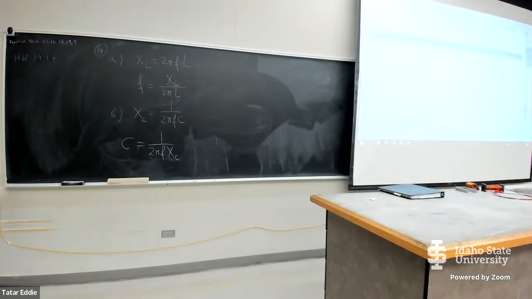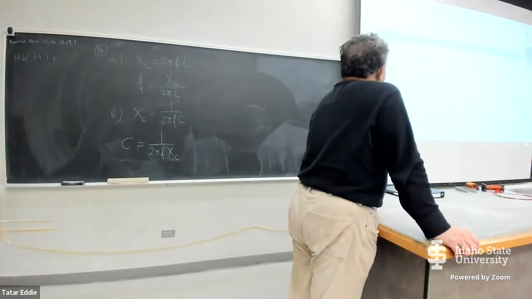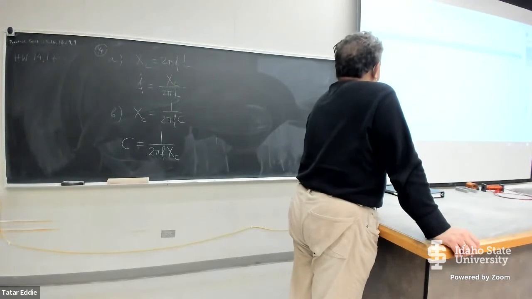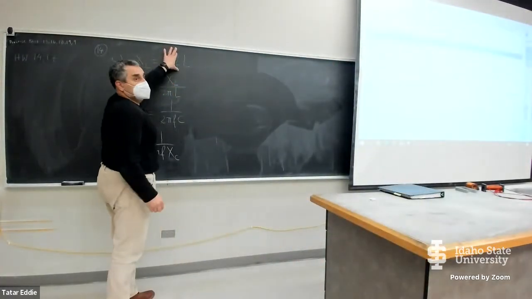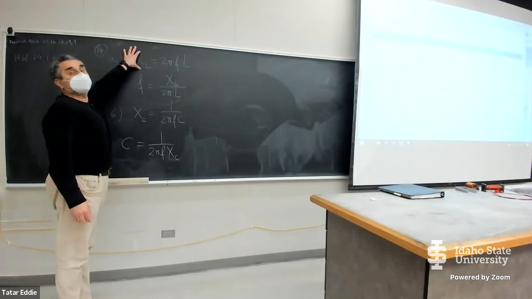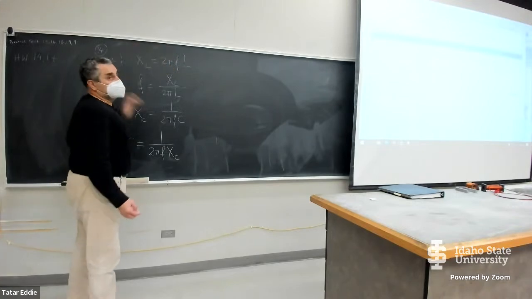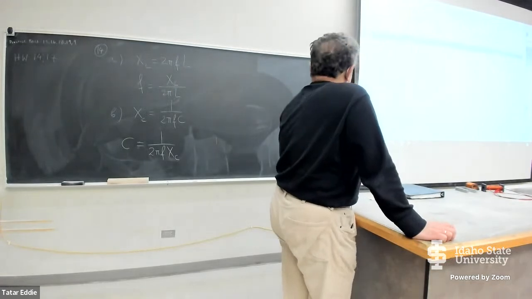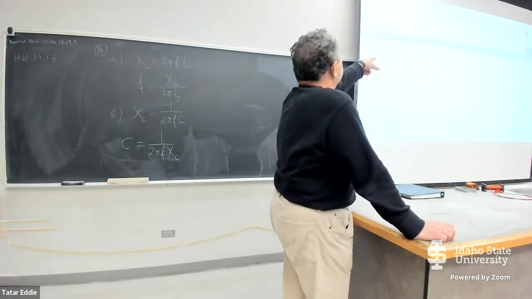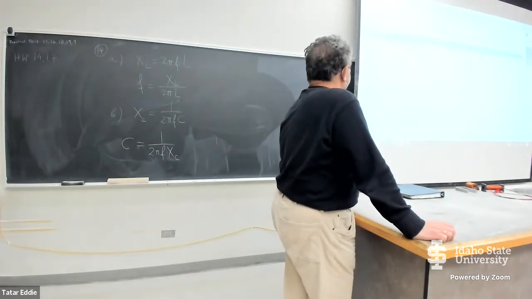Part C, they say, now you triple the frequency, how the reactance of the inductor and capacitor are going to change. So the new reactance of the inductor, well, here it is. You triple this, the new reactance of the inductor is going to triple. In other words, from 2.1 kilo ohms, tripling it, you're going to get 6.3 kilo ohms.